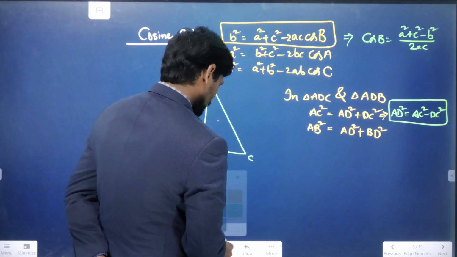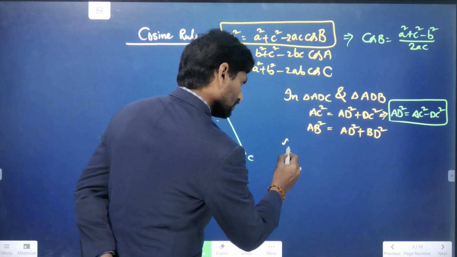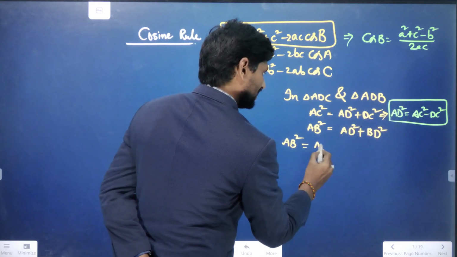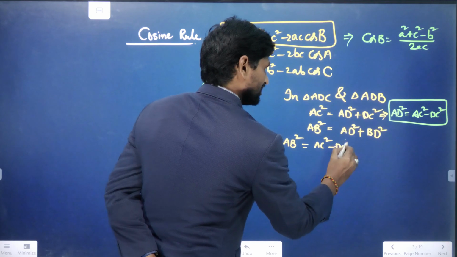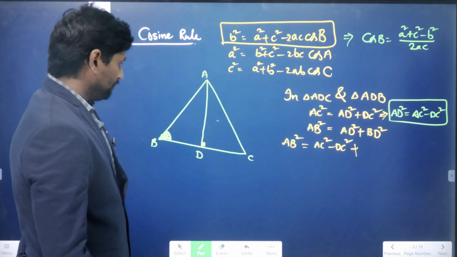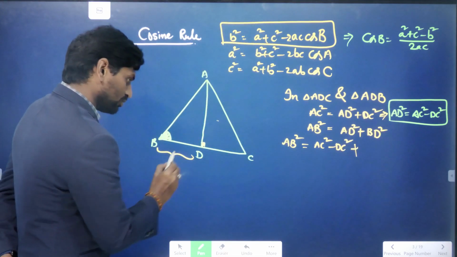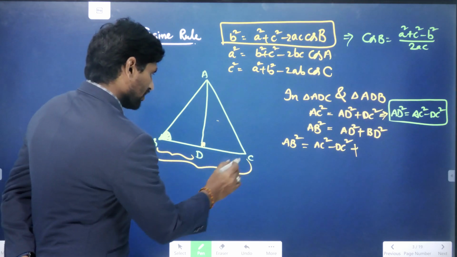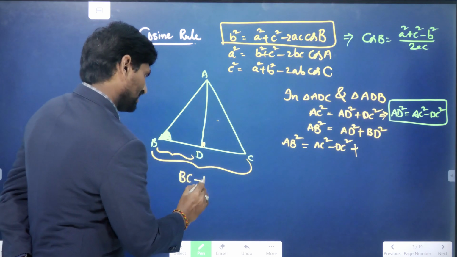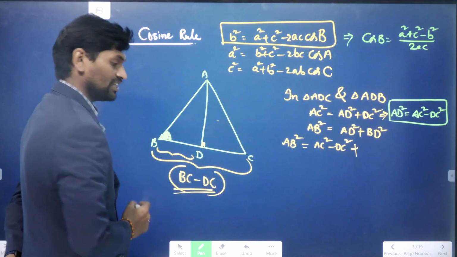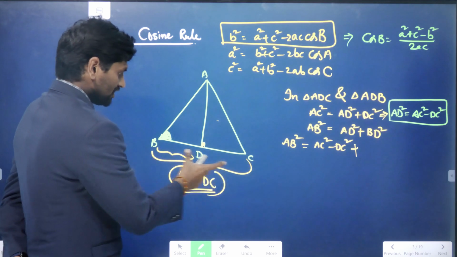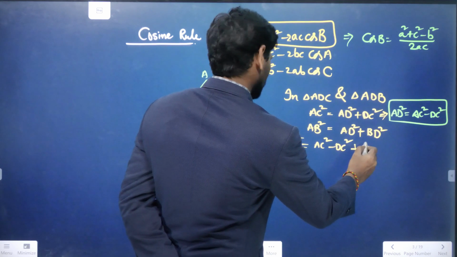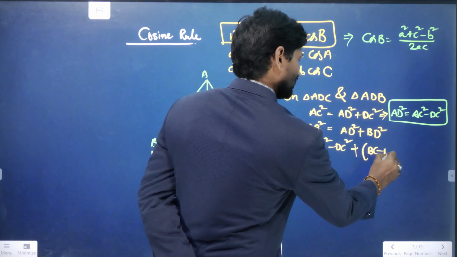That means AB square equals, in the place of AD square, I can write AC square minus DC square plus BD square. BD is nothing but the distance from B to D. I can write BD using BC. How can I write it? BC minus DC. Total distance minus DC will be remaining BD. So in the place of BD, we can write BC minus DC.